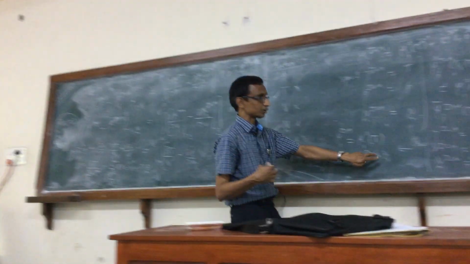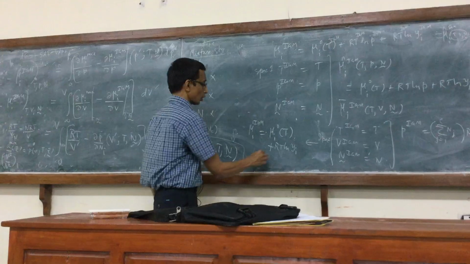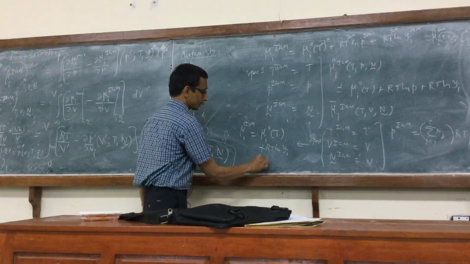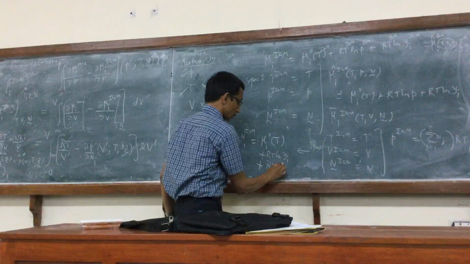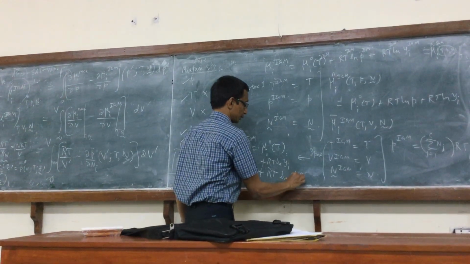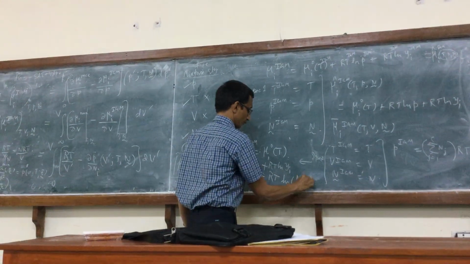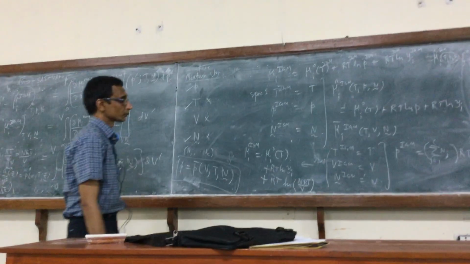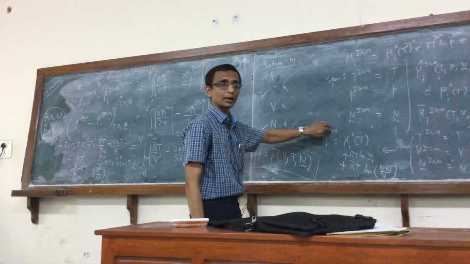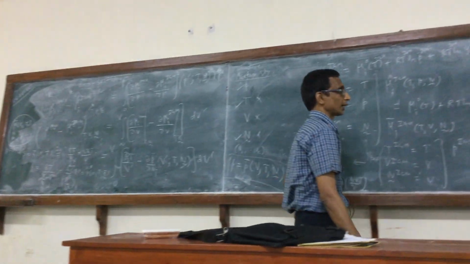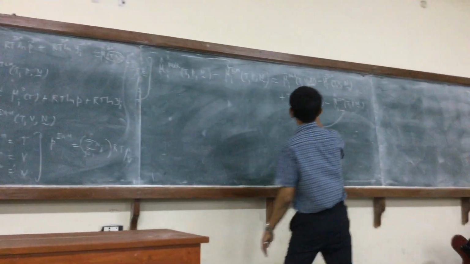So the mole fractions are also not going to change. Now what about this term? RT remains the same. The pressure has to be log of nRT by V. So this is the ideal gas mixture chemical potential of a component I evaluated at T, V and N.